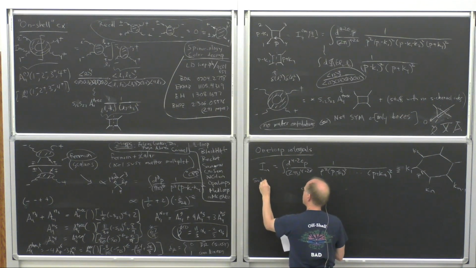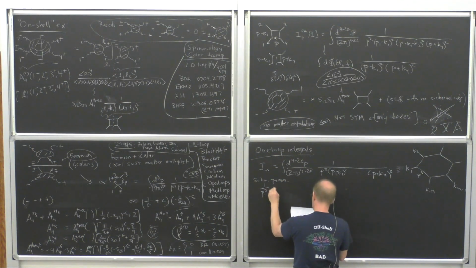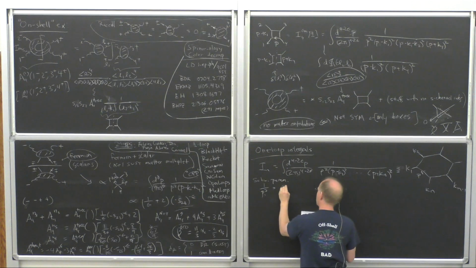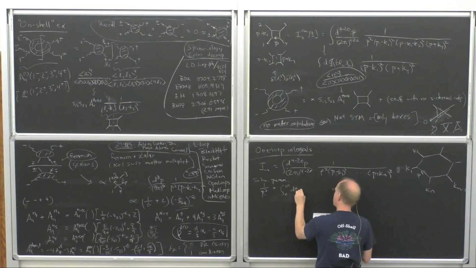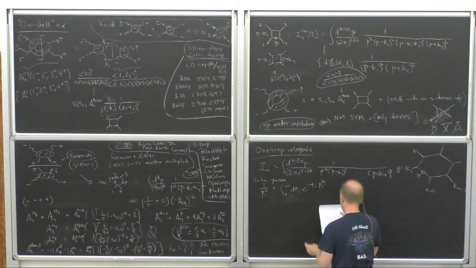So there's a Schwinger parametrization where we write 1 over p_i squared as the integral dt_i e to the minus t_i p_i squared.